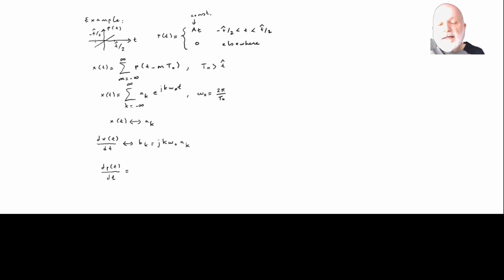However, as you see, we have jump discontinuities. At these jump discontinuities the derivative becomes an impulse. At minus T cap over 2, we have a jump from 0 to a negative value, which is minus A T cap over 2.